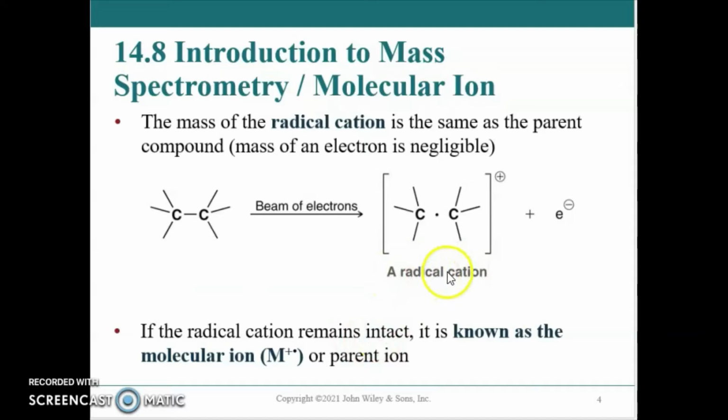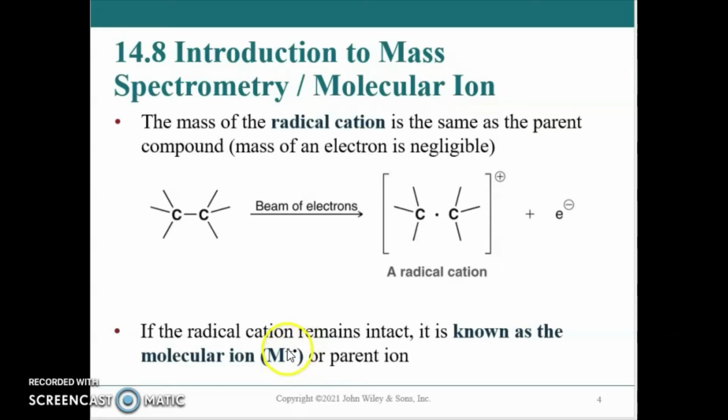Now, if our radical cation was stable and didn't undergo further fragmentation, its mass would be the same as the parent compound, and this is known as the molecular ion, or the parent ion. It has a mass equal to the molecule's mass, and this symbol shows a radical cation.